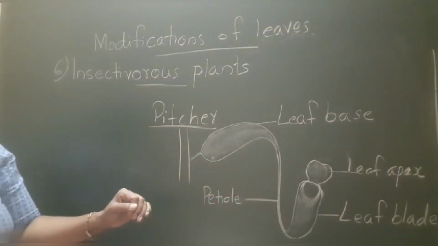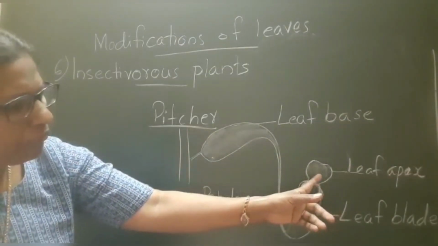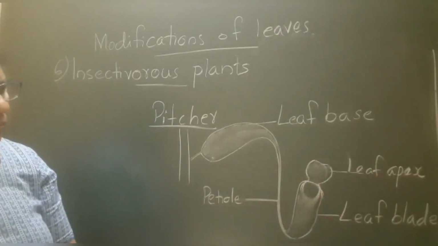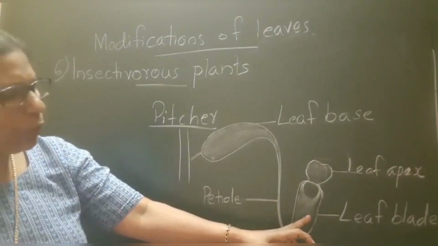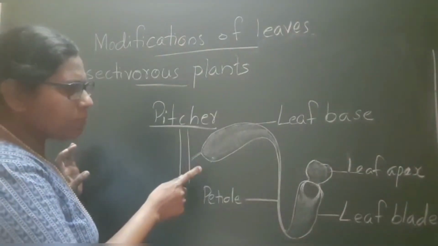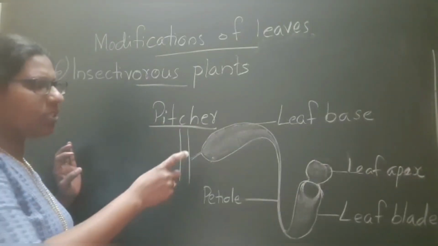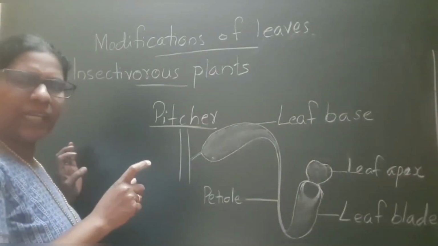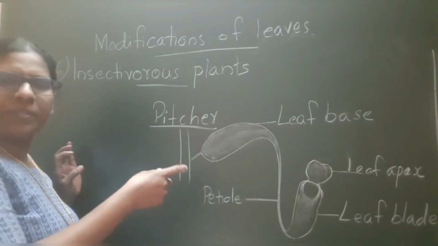This leaf apex is modified into a lid. You can see here it's like a lid. And this leaf blade is modified into a pitcher. Now, in this plant, nitrogen content is very less. Nitrogen is essential for the formation of protein, which helps the plant to grow.